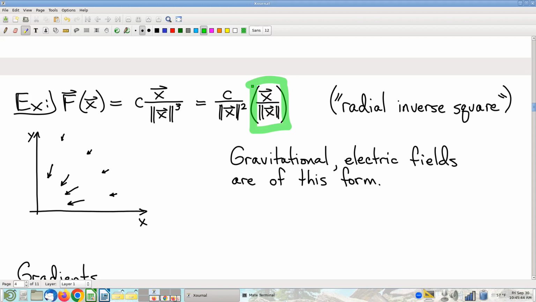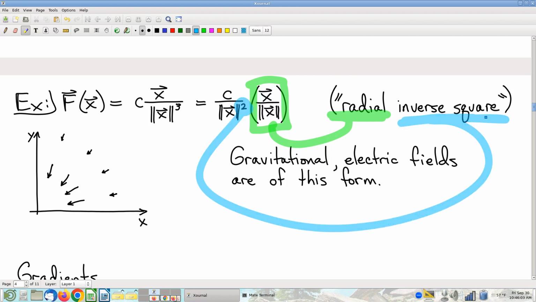So there's a hidden factor of the magnitude of x up inside of this x vector that, you might say, cancels with one of those three. So I'm going to think of it as that's the radial part, and this is the inverse square part. Is that cool? All right.